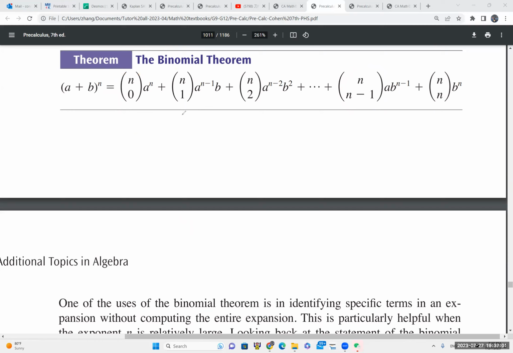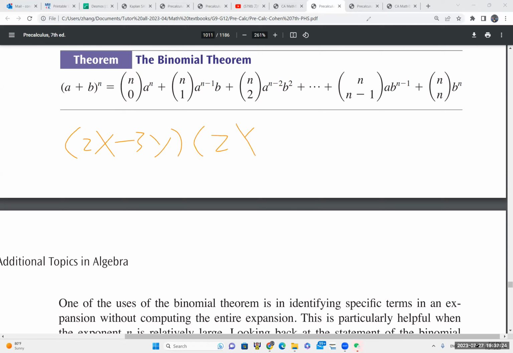You can also think about why this relates to combinations. For example, let's use a simple example: 2x minus 3y.